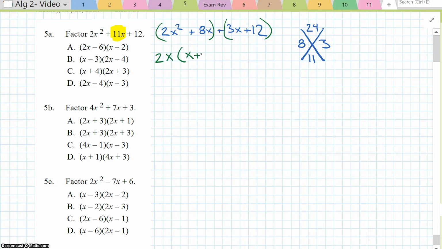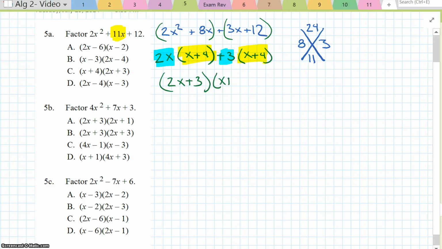That's going to leave me x plus 4. So what can I factor out on the right term to make my parentheses look like x plus 4? That's right. I can factor out a 3. So it's going to be x plus 4. Since the groupings are the same, I can add the coefficients and multiply them. So I can get 2x plus 3 times x plus 4. My answer is C.